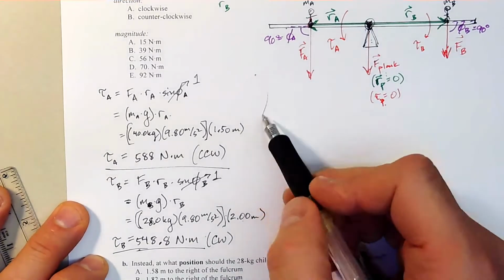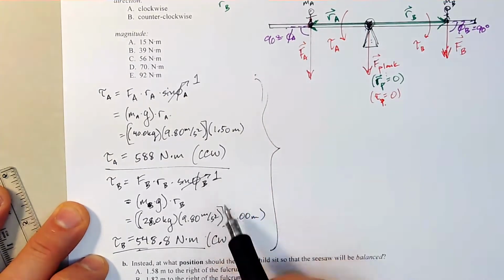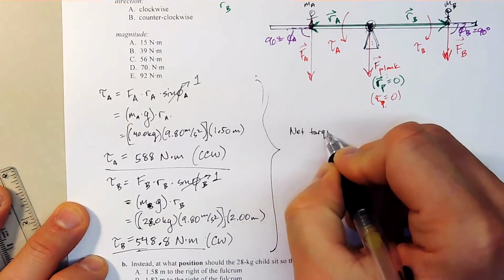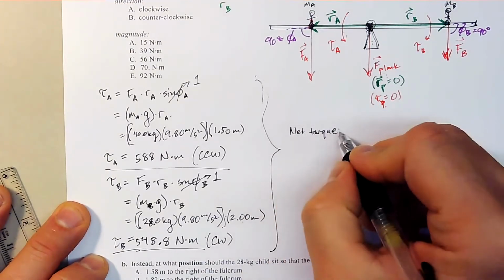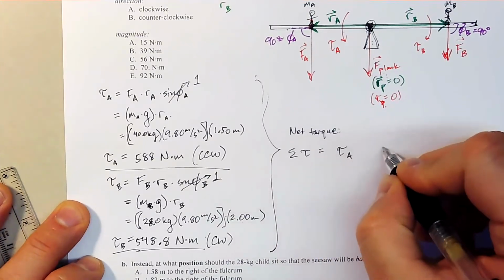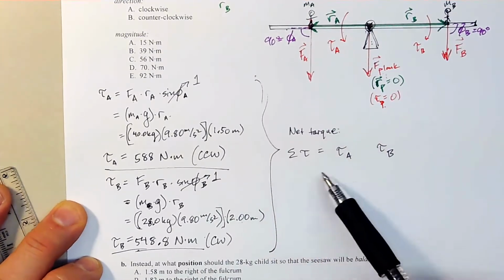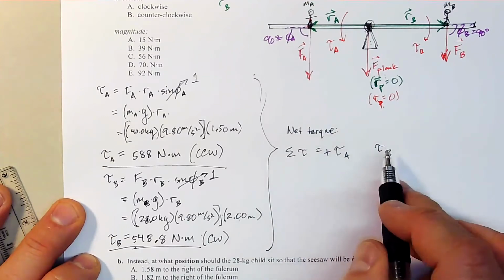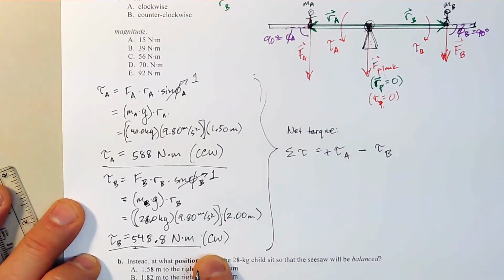Great. So now we can take this information and combine it and find the net torque. Now, looking at my directions, I see that torque A is counterclockwise, so I make it positive. Torque B is clockwise, so I make it negative.